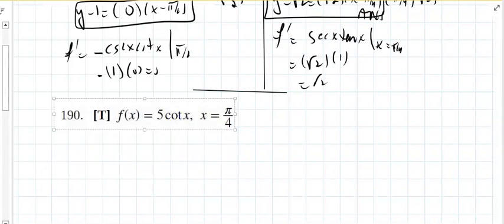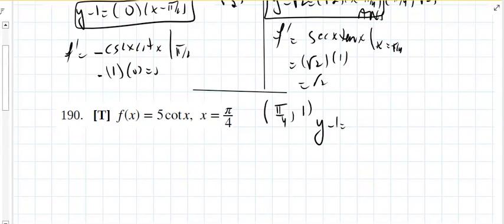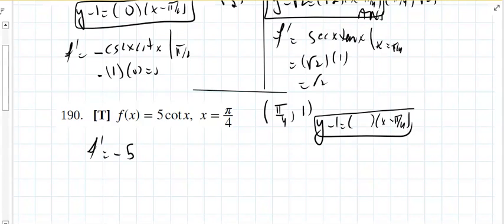And what about this point? Well, pi over 4, cotan of pi over 4 is also 1. So y minus y1 equal m into x minus x1. Well, I know the derivative, f prime would be negative 5 derivative of tangent, secant squared, cosecant squared of x.